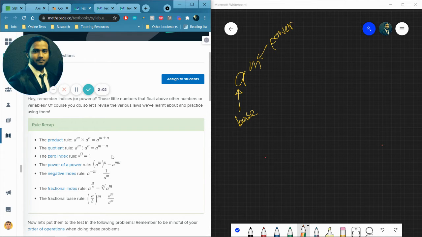The product rule says, if the bases are the same, you can add the powers.